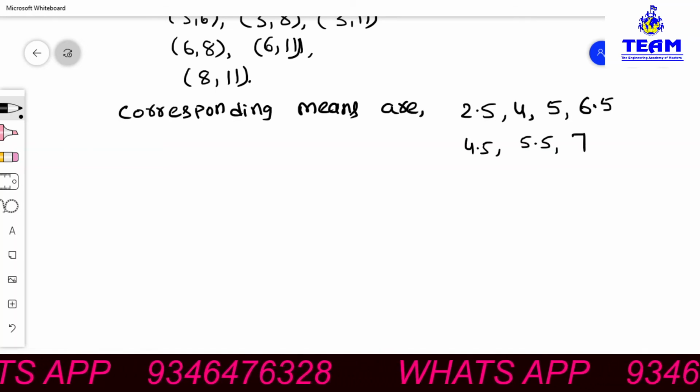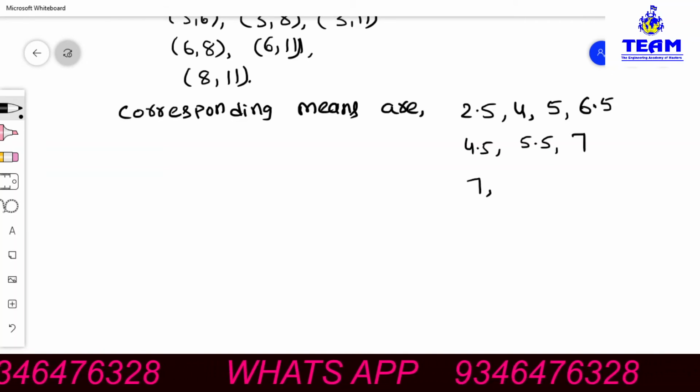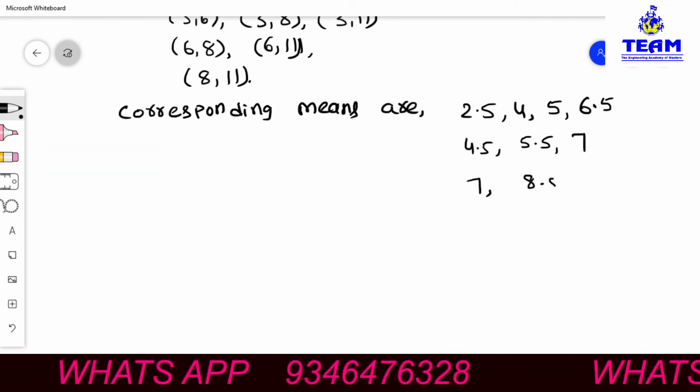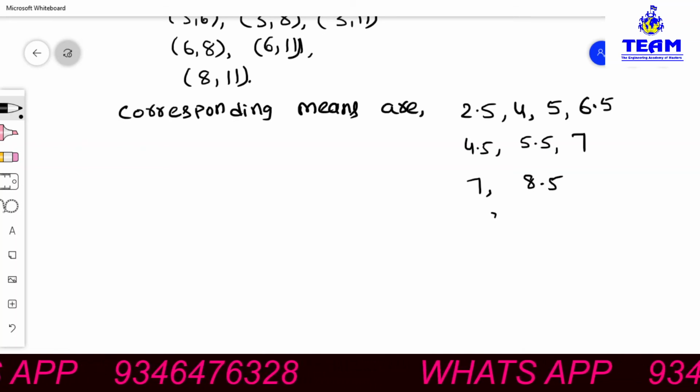Again we are getting 7, 8.5, and lastly we got 9.